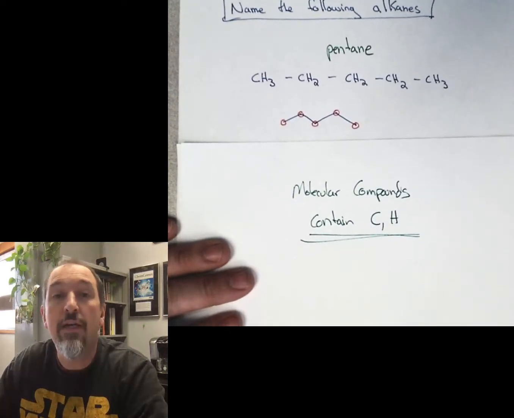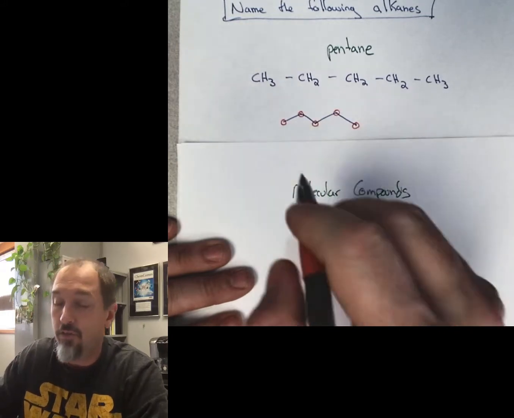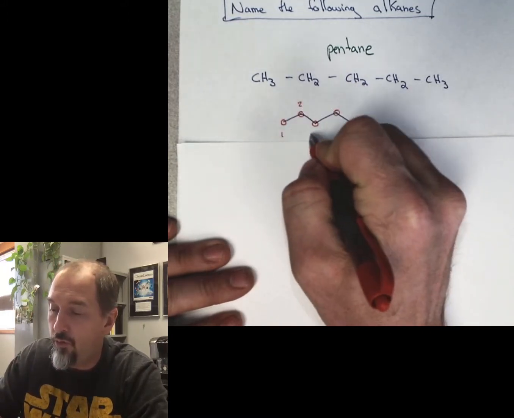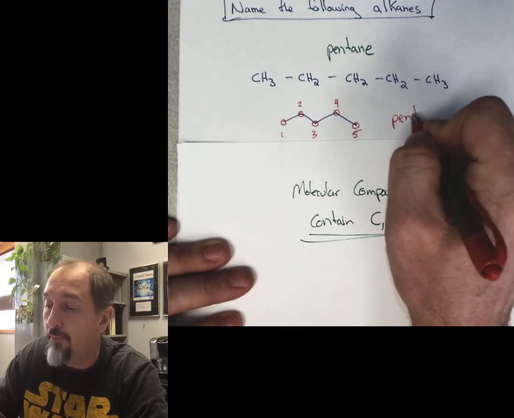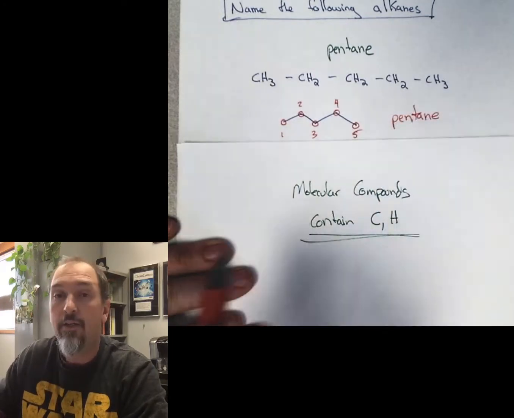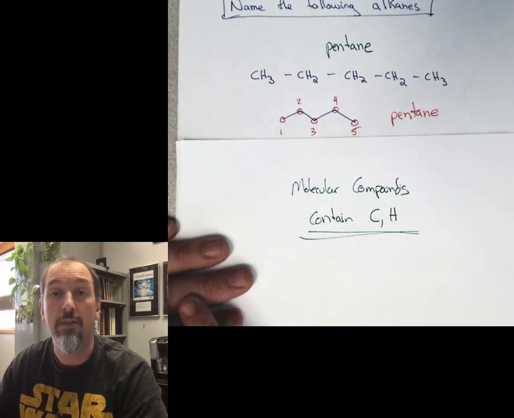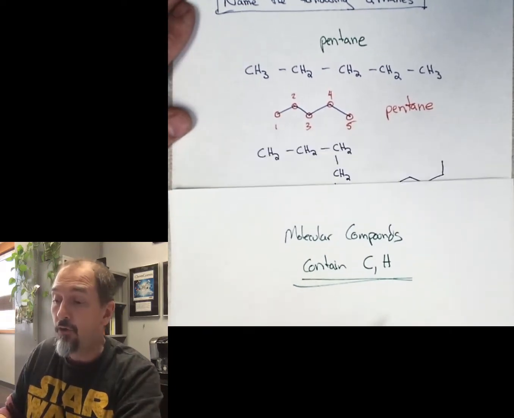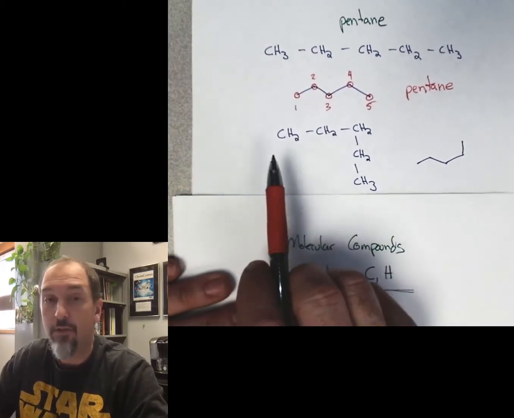Each of those positions there is a carbon atom, and they're all single bonds. So since there's 1, 2, 3, 4, 5, this is also pentane. So we need to be able to recognize and name both those types of formulas, the condensed and the skeletal formulas.